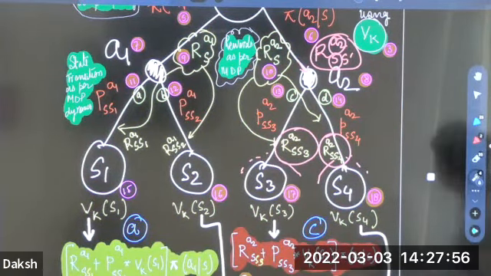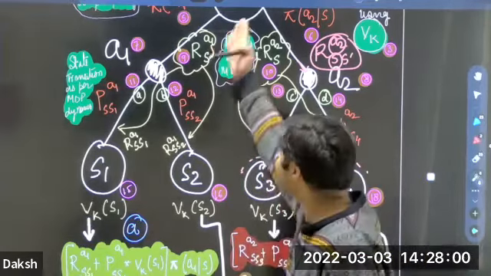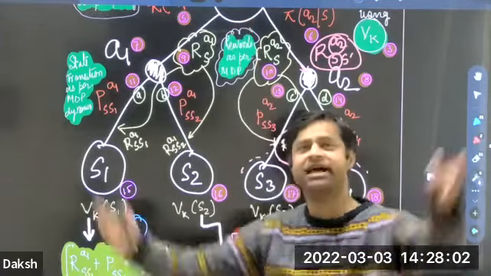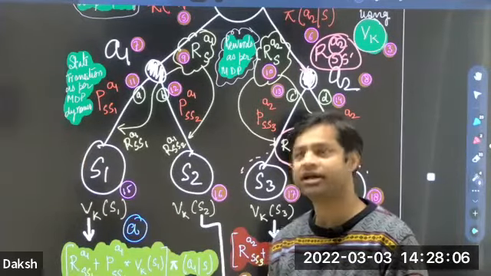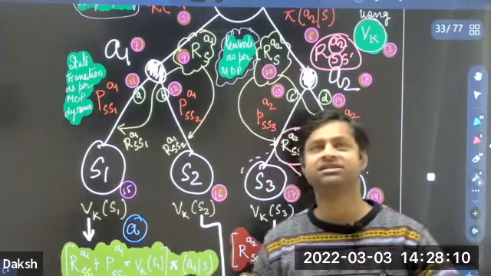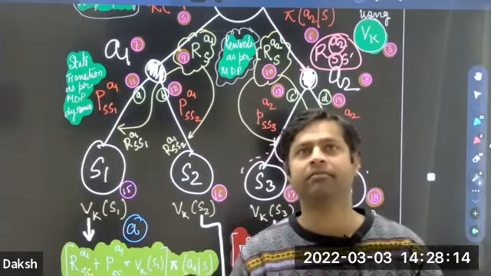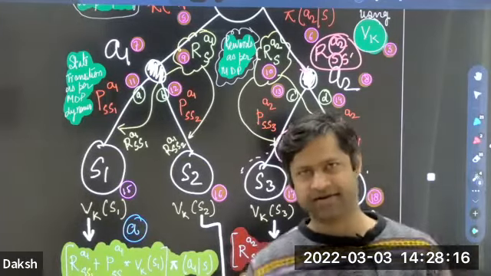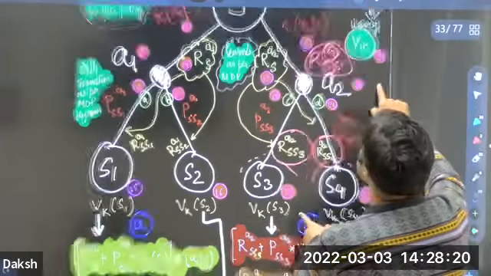But at state S, how many times are you going to take an action A1? Who is going to tell you? Policy. So this is the probability by which at state S, you are going to take an action A1. Now let us reiterate the whole thing again. Very simple.